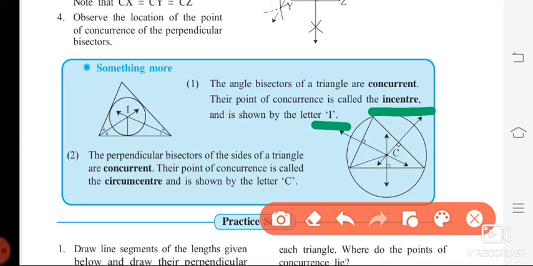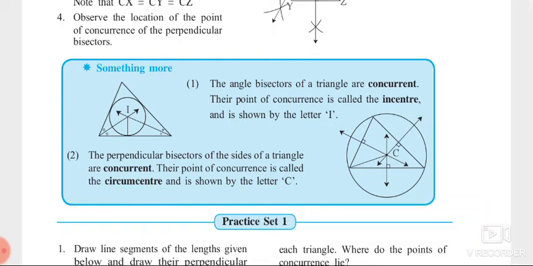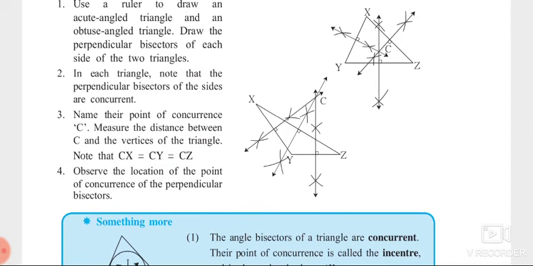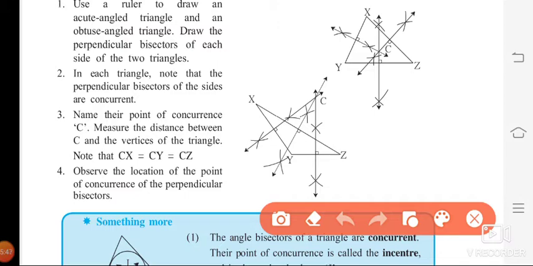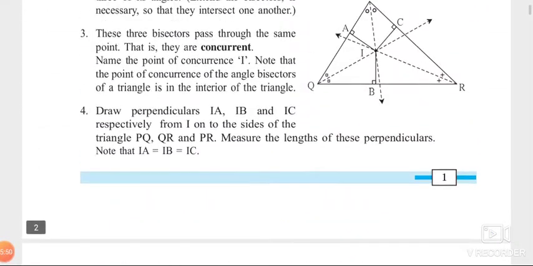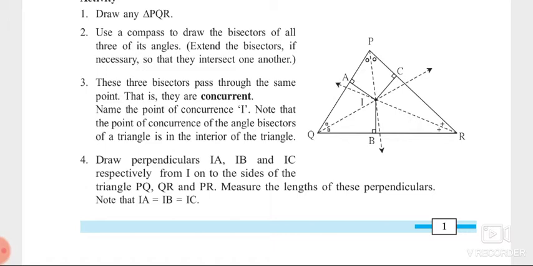Their point of concurrence is called the Circumcenter and it is shown by the letter C. So remember, the point of concurrence of angle bisectors is the incenter and the letter used is I. The point of concurrence of perpendicular bisectors is called the Circumcenter and the letter used is C. And one more thing, the point which is equidistant from the vertices is called the circumcenter, and the point which is equidistant from the sides is called the incenter.